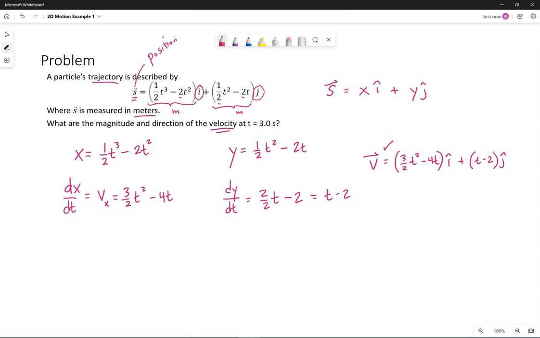So the question overall is asking us for the magnitude and direction of the velocity at time equals 3 seconds. So we want to plug in that time, our x component of velocity, 3 squared.